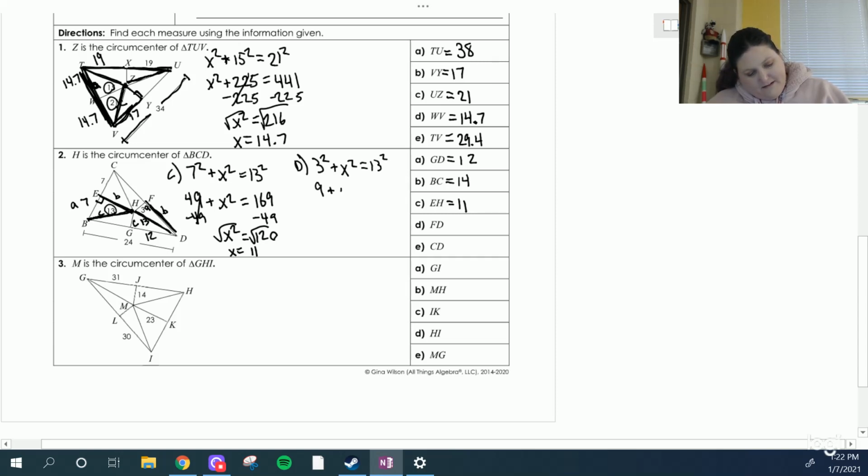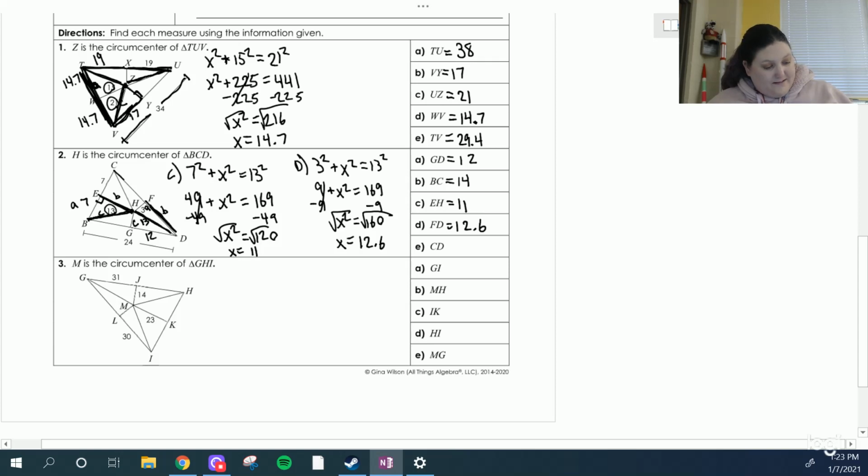So I get 9 plus x squared equals 169. I subtract 9 from both sides, and x squared is equal to 160. I take the square root, and I get x is equal to 12.6. So FD is equal to 12.6.